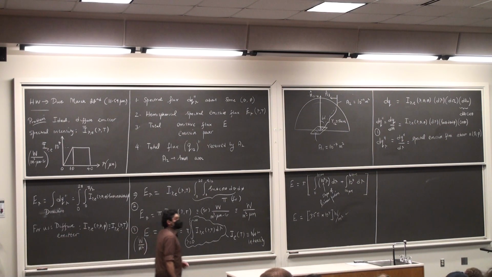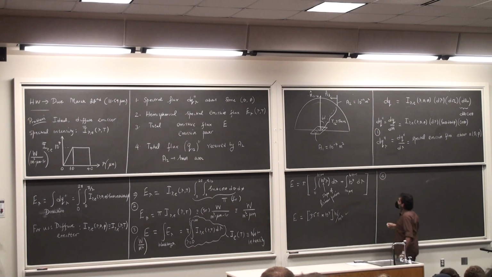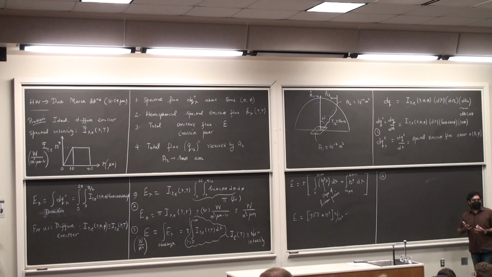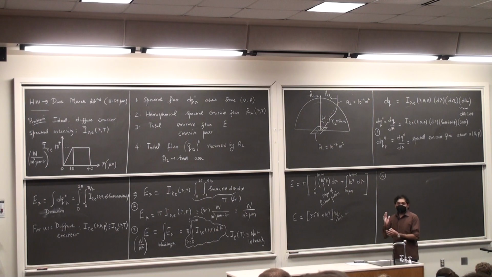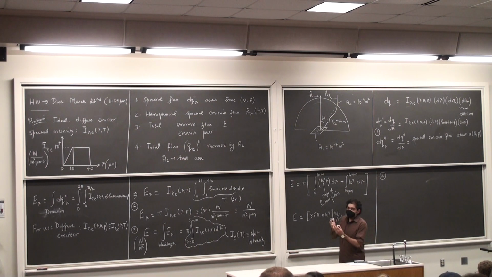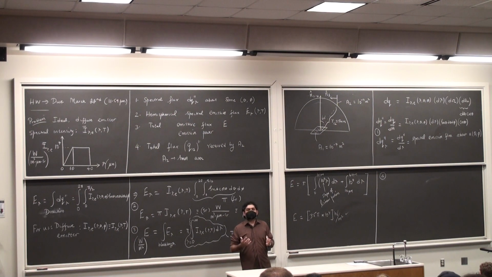Okay, last part of the problem. What we are going to assume for the last part of the problem is that this area A2 that I have drawn is receiving radiation only from the surface A1. It's not receiving radiation from any other surface. This is an assumption that I'm making.